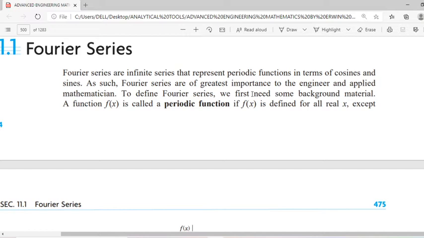So we are approximating a periodic function using some technique.